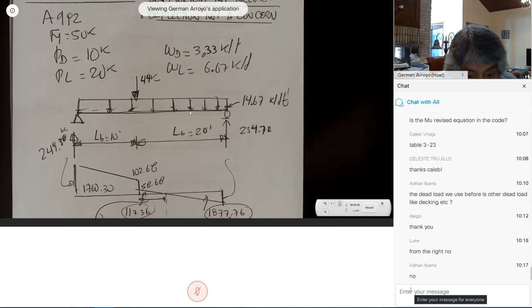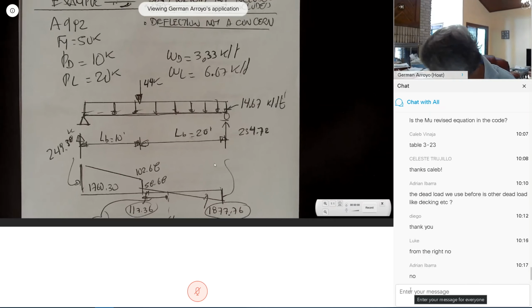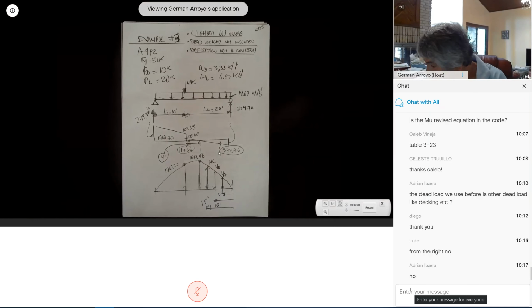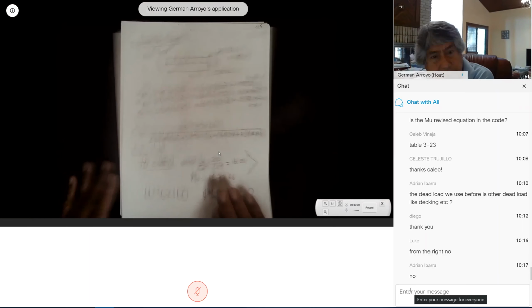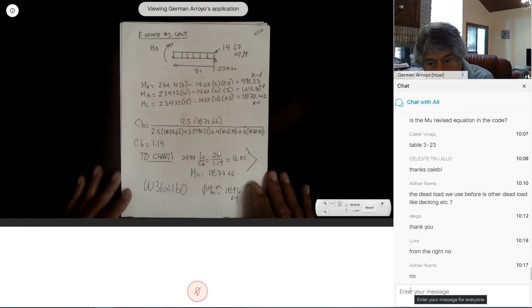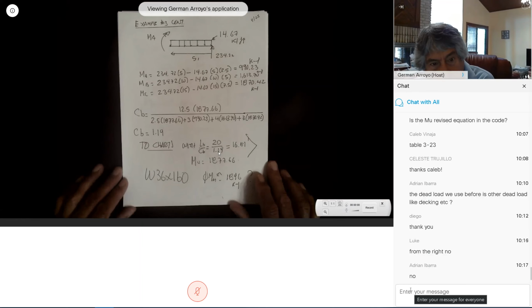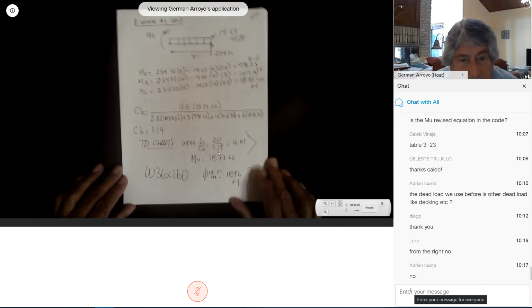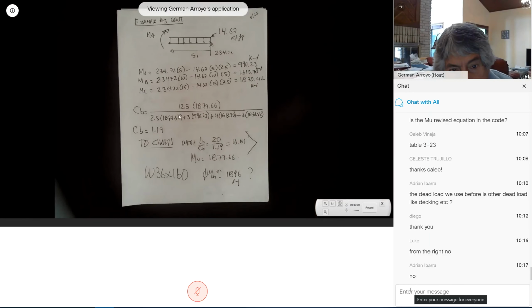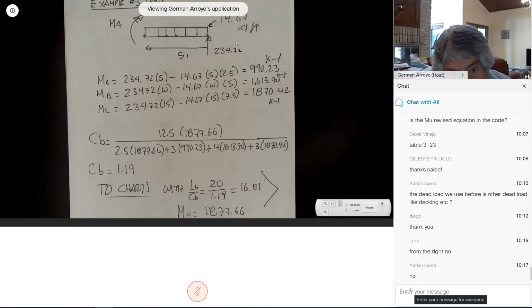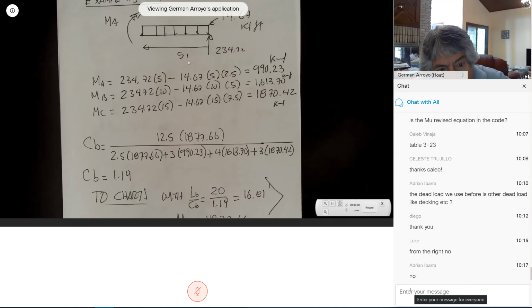No, because look, this is 20, 5, 10, 15. So my free body diagram looks like that. I'm using the right side. This is the reaction that doesn't change. This is the value that changed.